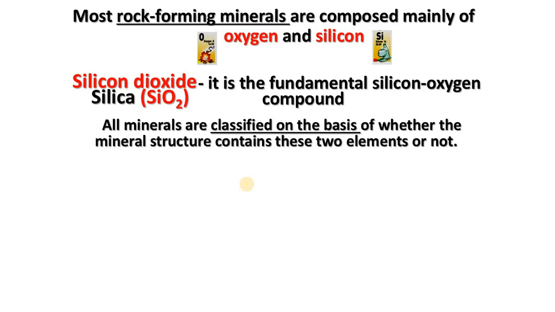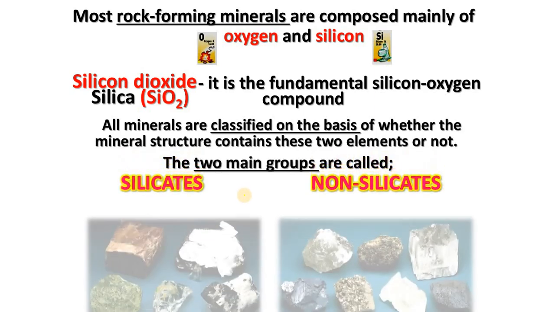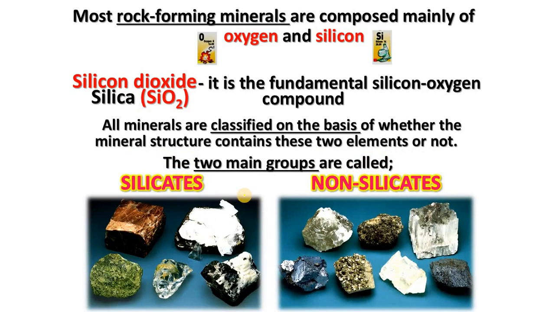Yan. So you have here, all minerals are classified on the basis of whether the mineral structure contains these two elements, yung silicon at oxygen, or not. So there are two main groups of minerals, guys. We have the silicates and non-silicates.